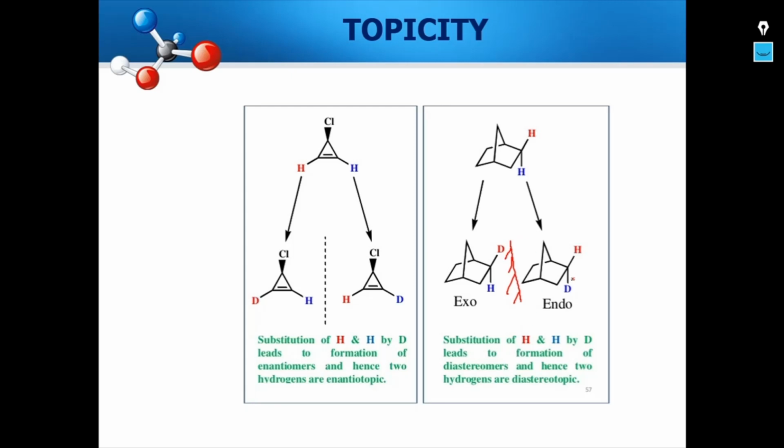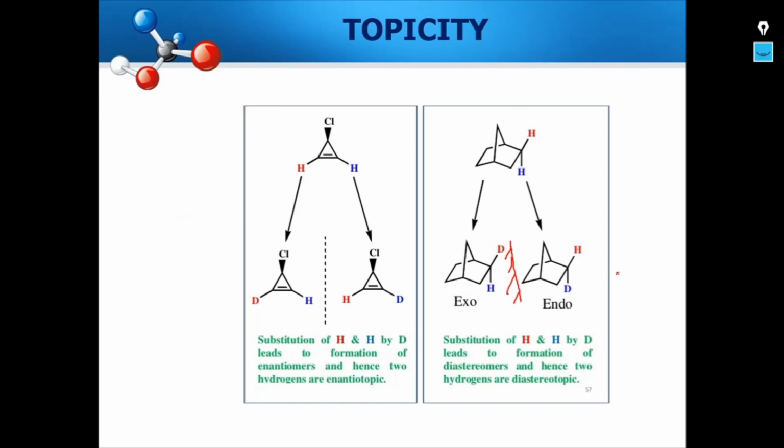Substitution of these two hydrogens by deuterium leads to the formation of diastereomers, and hence these two hydrogens are diastereotopic. They are of course stereoisomers, but they are not mirror images of each other. This one is a non-superimposable mirror image, but here they are not mirror images of each other, and therefore they are diastereotopic.